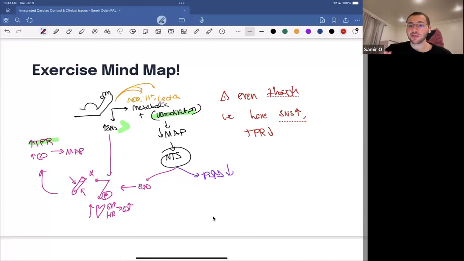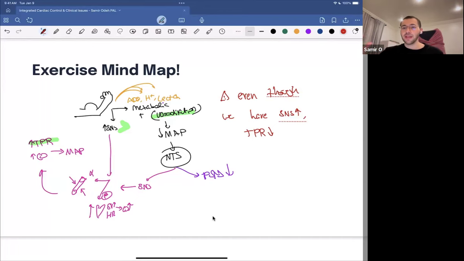Essentially, this is just due to the fact that the amount of metabolites being released by that muscle is so much more than the adrenaline being released by the sympathetic nervous system that the blood vessels, and only the blood vessels to those muscles, are dilating massively.